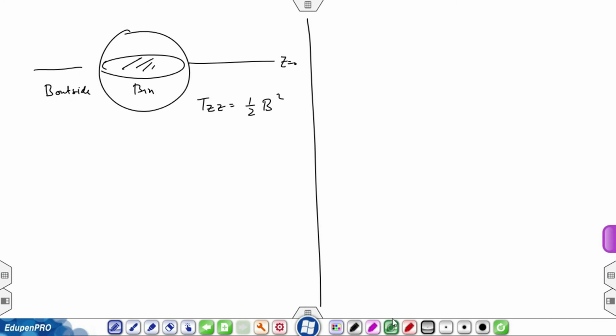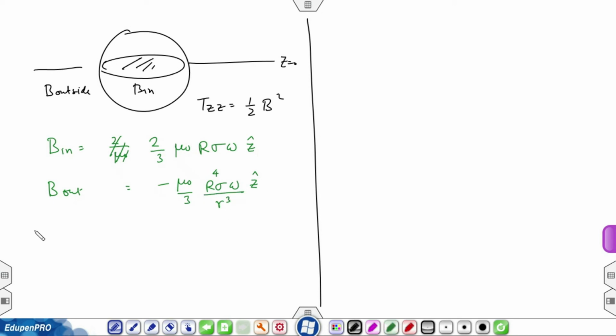You have already written b in is 2 over 3 mu 0 r sigma omega in the z direction, and b out is equal to minus mu 0 over 3 r sigma omega in the z direction, times r raised to 4 divided by r cubed.